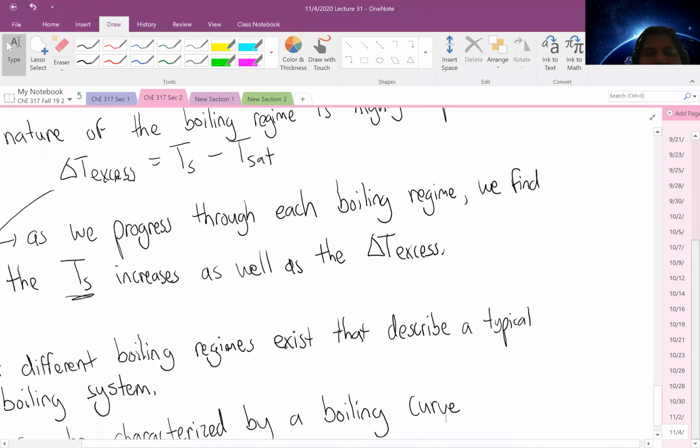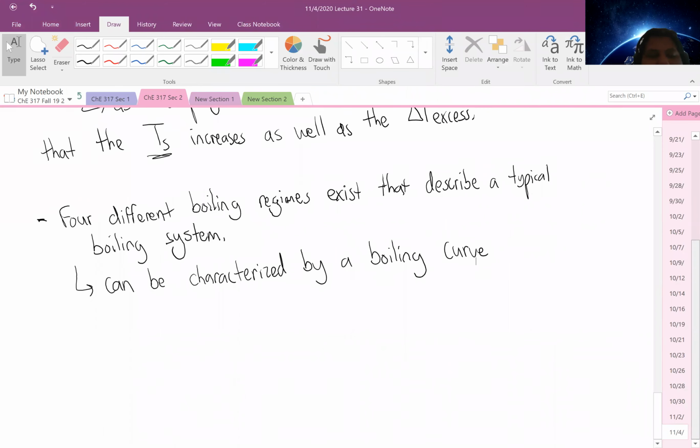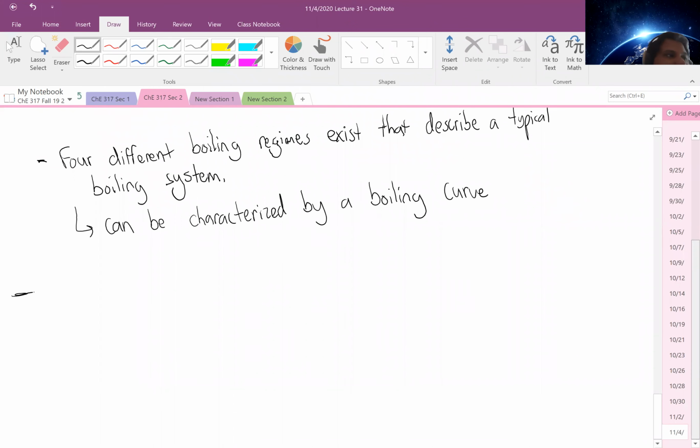So as I stated previously, the first regime we can consider is what's known as natural convection boiling.